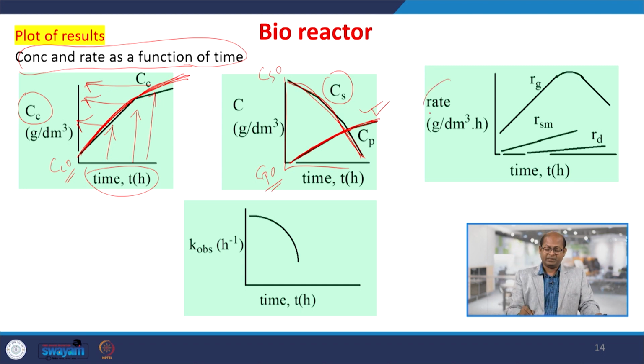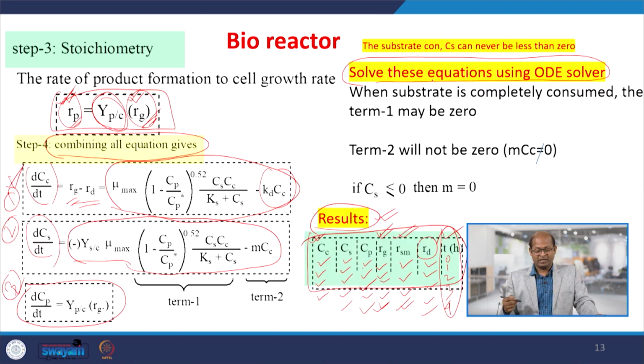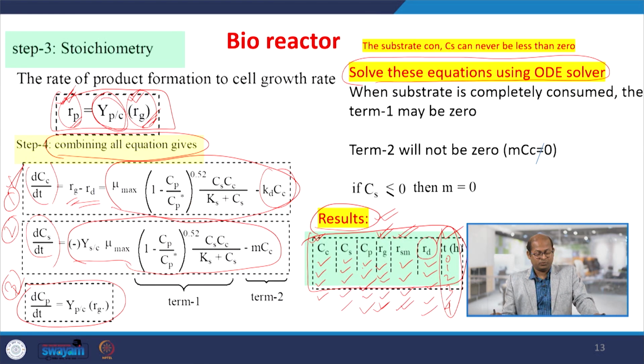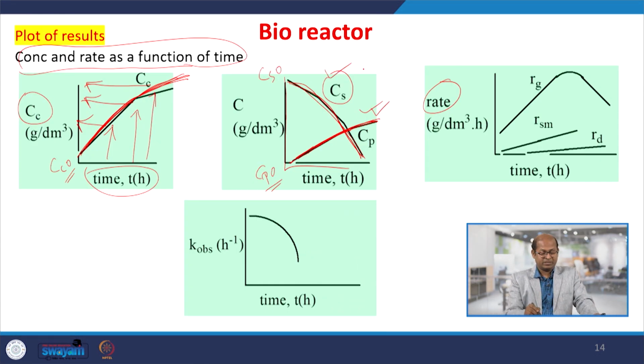Similarly, there are 3 different rates I mentioned: Rg, Rd, and Rsm. Rg is the rate of cell formation, given by the Monod equation. There all parameters are known; only the substrate concentration and cell concentration we have to put in, and we know these with respect to time. If this is 2 hours, this is also 2 hours.